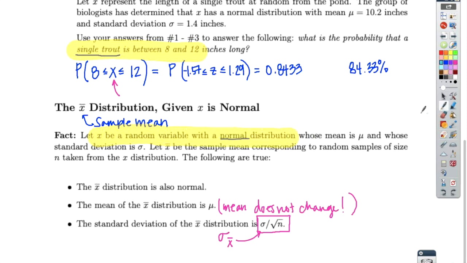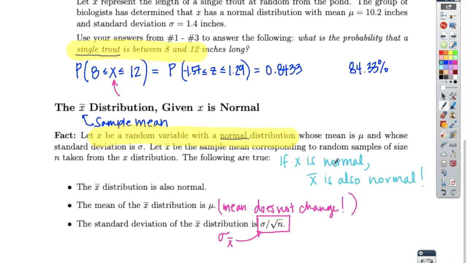So if I was summarizing this, if x is normal, then x bar is also normal, which is great. Okay, so that's a useful fact. But this is also a pretty big assumption that x is normal.